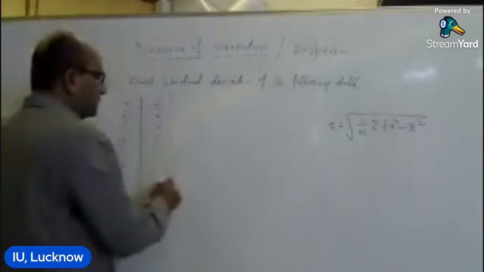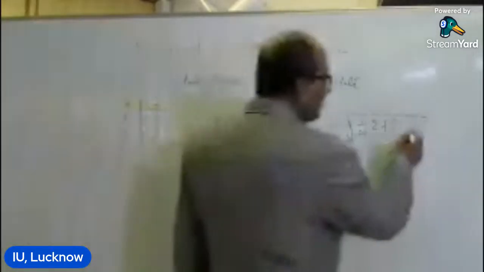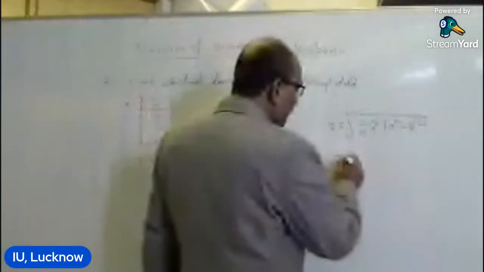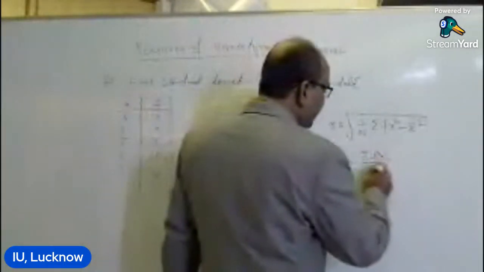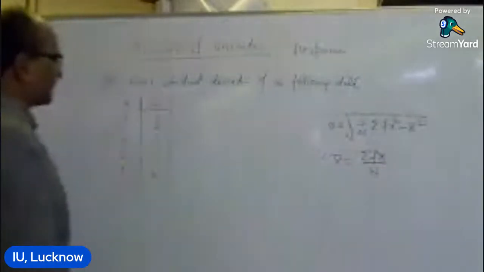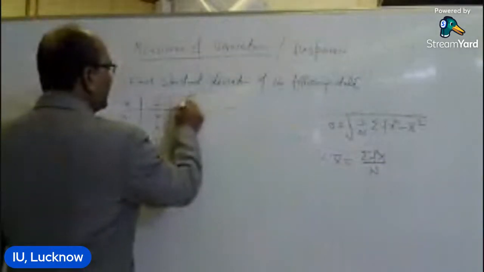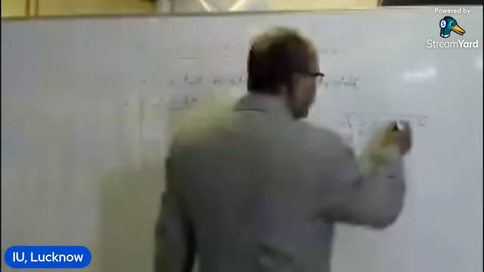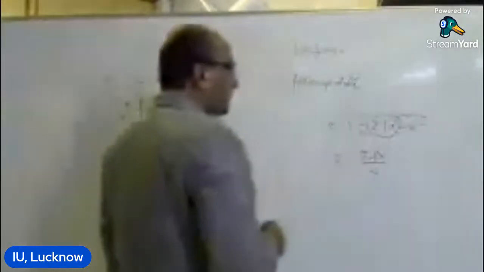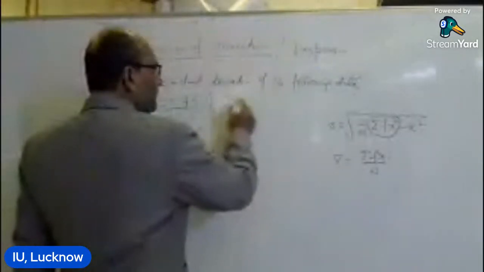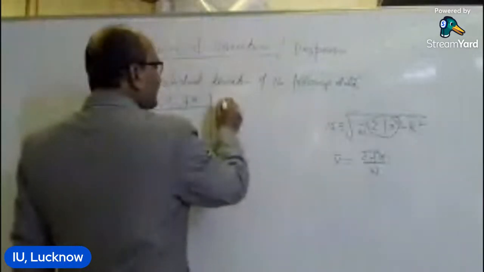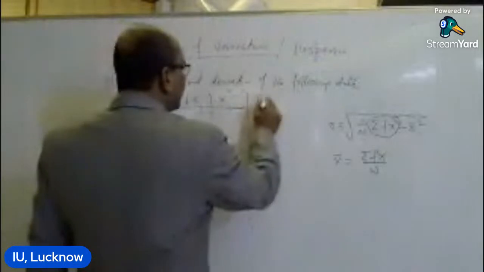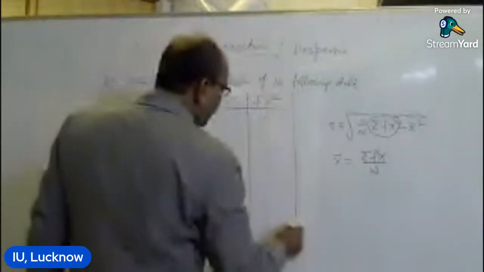So here first find the mean x bar, whole square. We know the mean in group data will be summation fx upon capital N. So first find fx, and again here you see the summation fx square. So first squaring x, take x square, then multiplied by f, and this will give you summation fx square.